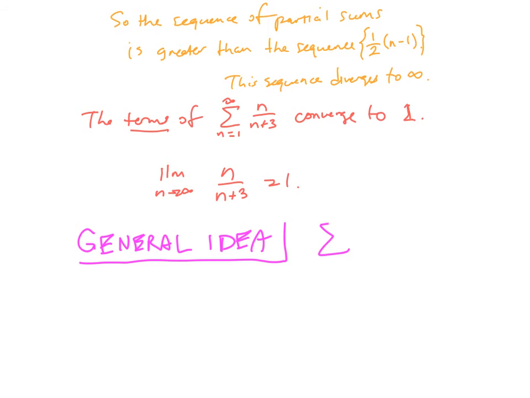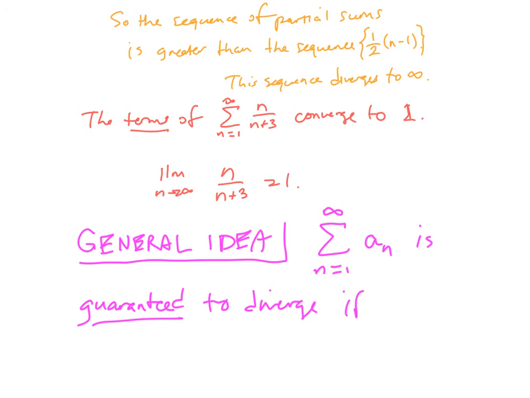we know that the sum from n equals 1 to infinity, or n equals anything to infinity, really, of a sub n, this is guaranteed to diverge if the limit as n goes to infinity of a sub n is not equal to 0, or if the limit fails to exist.